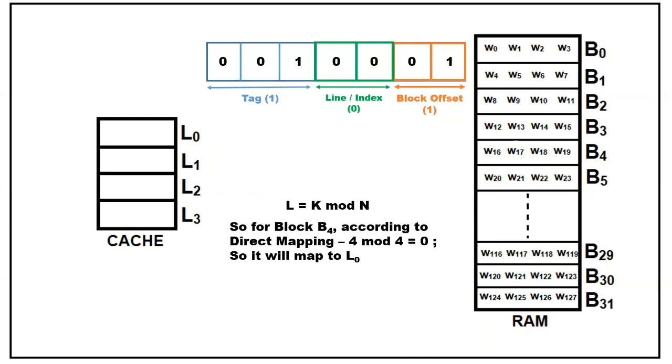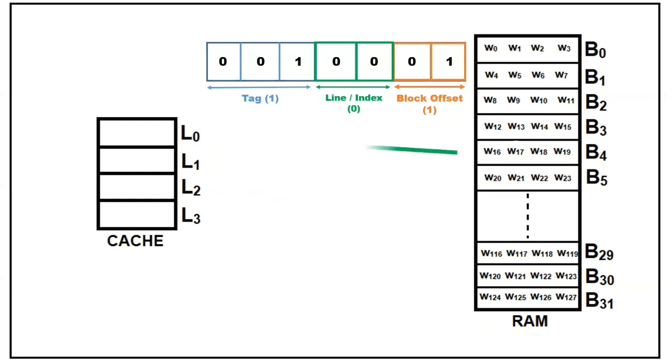So block B4 will map to L0. That is how direct mapping works. Here we can see that block B4 is mapped to line L0, and from the address we also obtain that the line or index is L0. So they match.